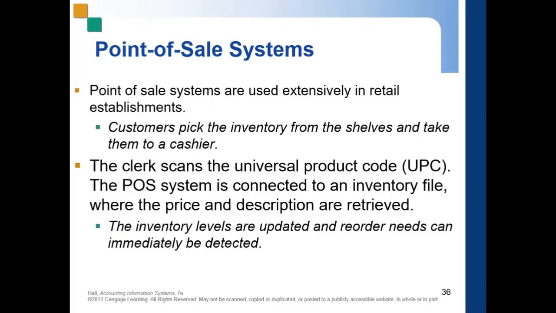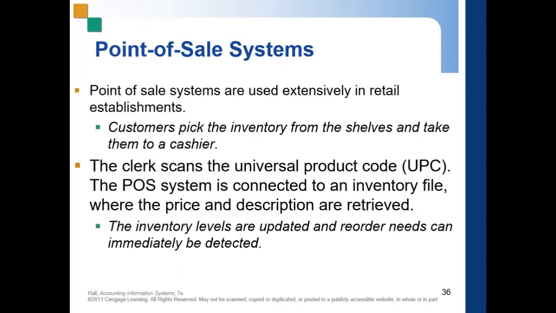So, in the point of sale system, the clerk scans the UPC, or the Universal Product Code, which serves as the label on the item being purchased, through a laser light. Or they scan the barcode.